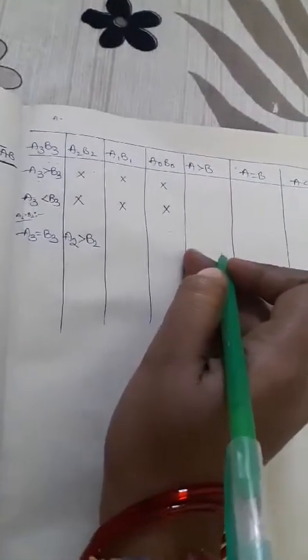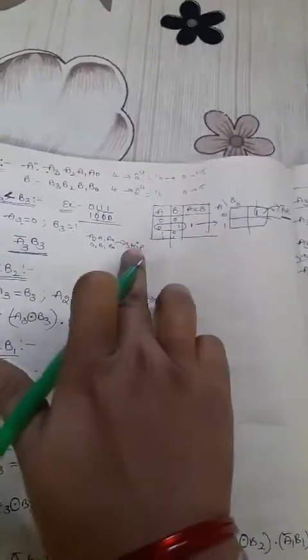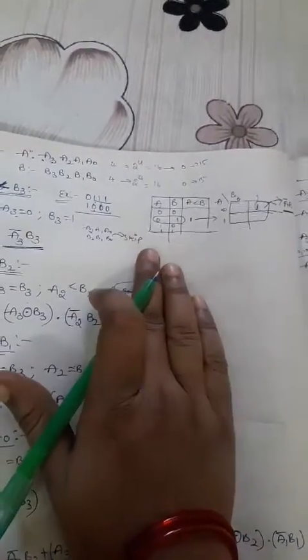A3 must be equal to B3 and A2 is greater than B2. What about the remaining bits? Don't bother about those bits, whether they are greater than or less than. You can skip them this way. Here also, for A3 greater than B3 and A3 less than B3, the remaining 3 bits we can skip, whatever they may be. That is the case, that's why I mention don't care conditions here.